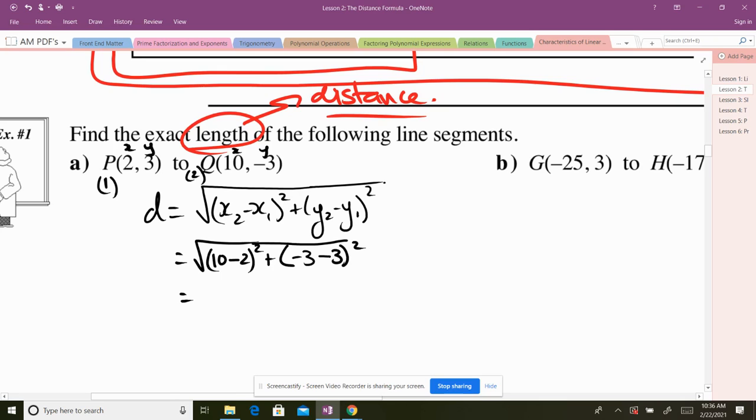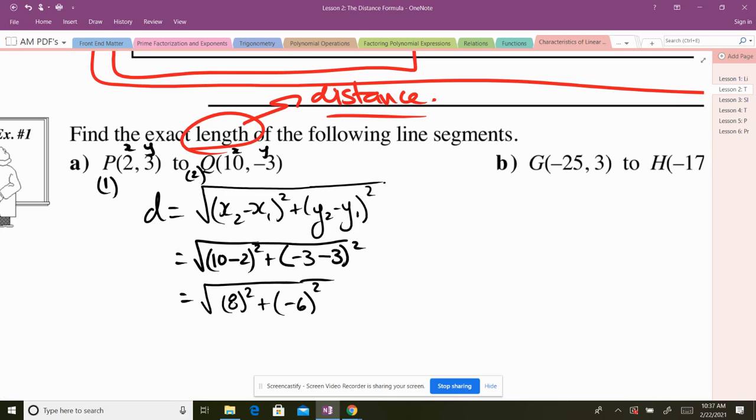Now you just got to algebra it. What do I do first? Okay, so 10 minus 2. I get 8 squared plus -3 minus 3. -6 all squared. This is why it doesn't matter which order you subtract the x's or the y's, because I've got a negative.